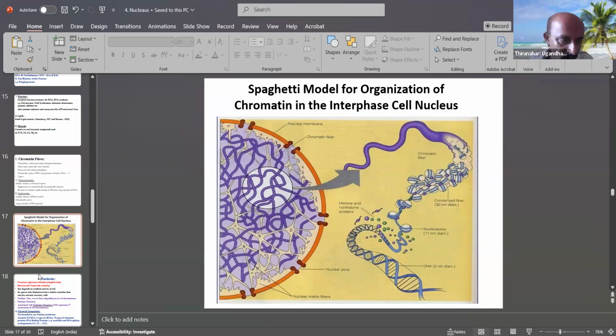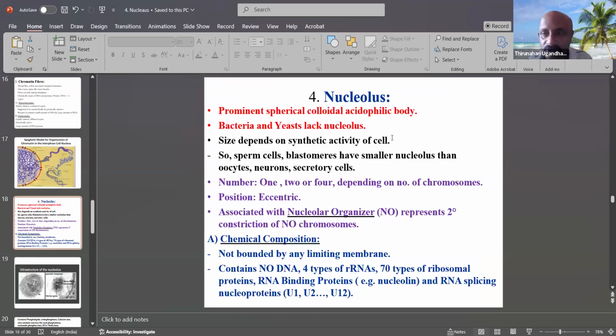DNA. Then the next part, the fourth important part, is the nucleolus. The nucleolus is a prominent, spherical, colloidal, acidophilic body. Prominent spherical means a round-shaped part. It performs the major function present in the nucleus; bacteria and yeast lack a nucleolus.